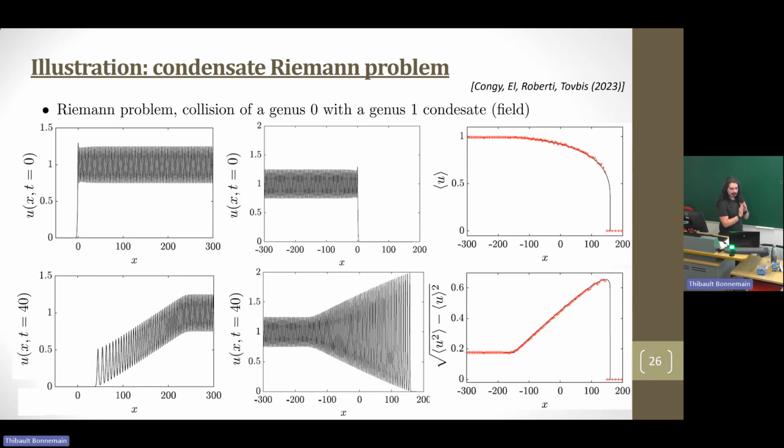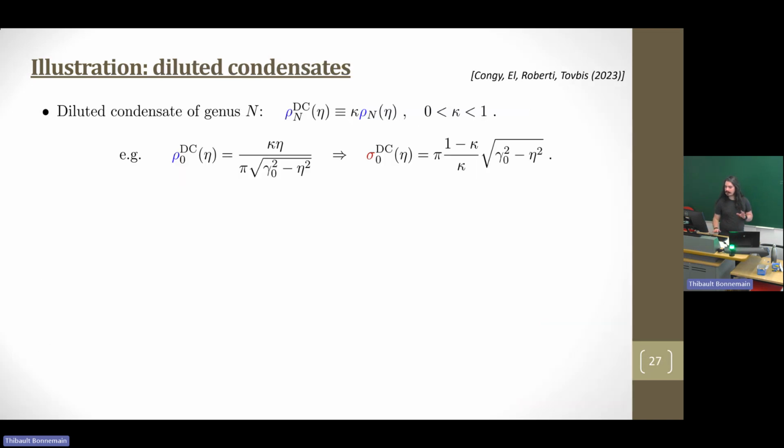Now I will briefly mention one last thing, one last motivation for studying condensates, and this lies in what's called the diluted condensate, which is defined through its density of states by taking the genus N density of states in the condensate and multiplying it by the dilution constant, kappa, which is smaller than one.